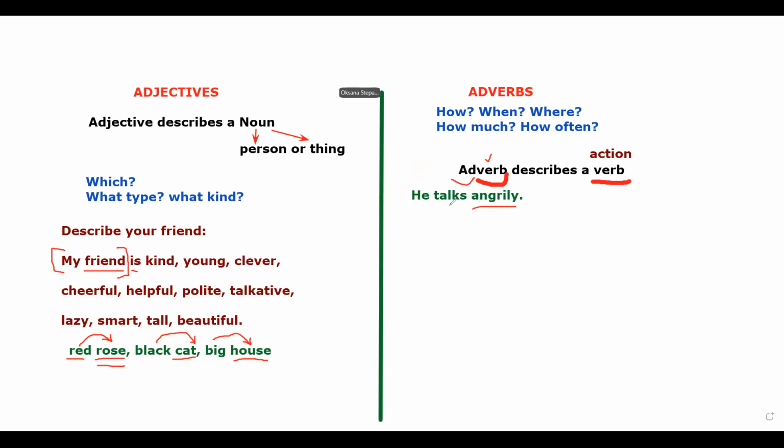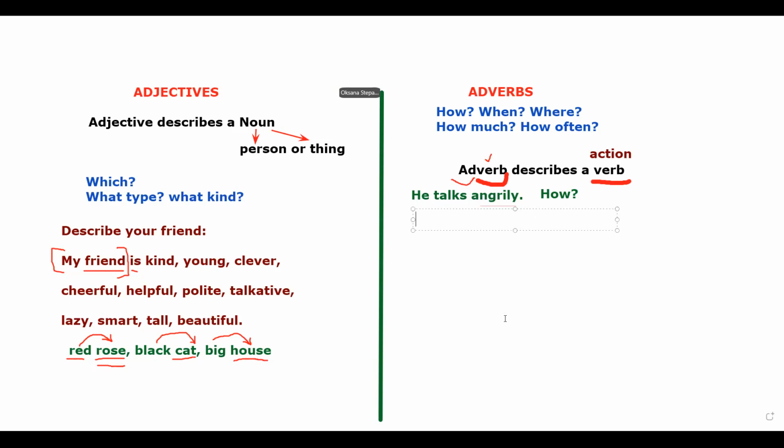And it describes the way he talks, right? So what question can we put here? We can put the question how. He talks how, or not when, not where. In this case, we're just talking about how he talks. We're describing the way he performs the action, right? So angrily.